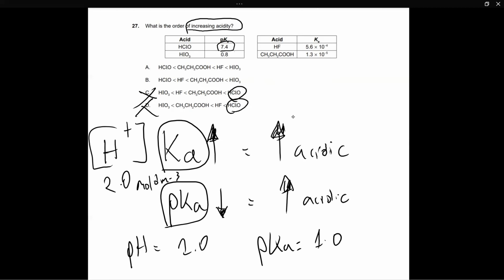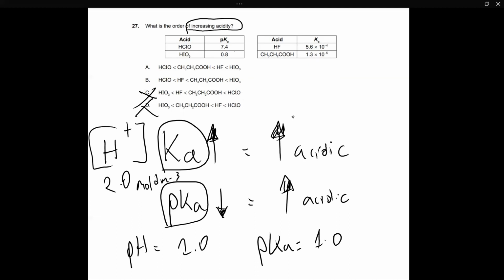It looks like it's alkaline actually, it's so high. Whereas the pKa of HIO3 is only 0.8. That is incredibly low, and that also means it is very acidic when we compare it to these other 3 acids. That's why we can immediately eliminate C and D.